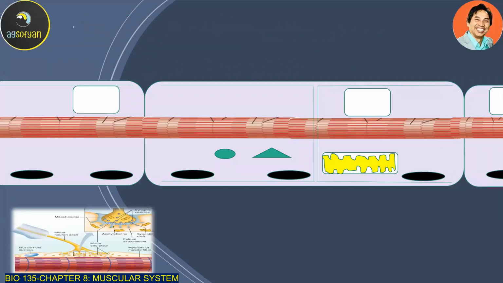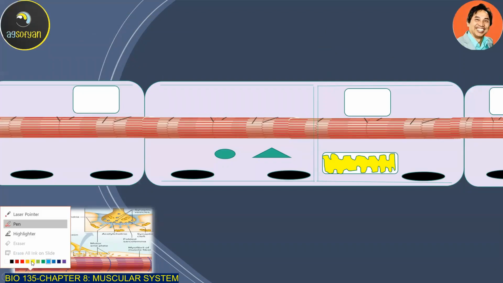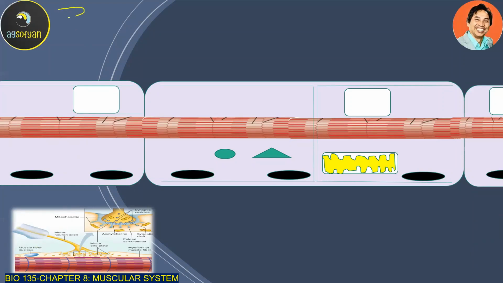Okay, so again, I'm gonna put the process over here step by step. Let's say this is our brain, this is our spinal cord. So brain, spinal cord, and then from the spinal cord there will be neurons called the motor neurons.